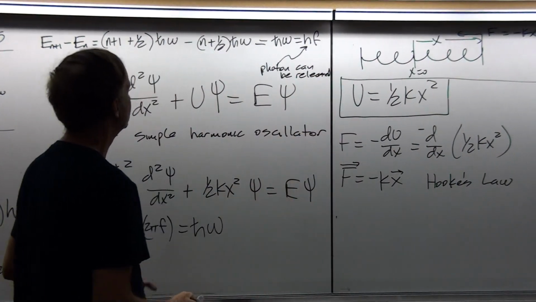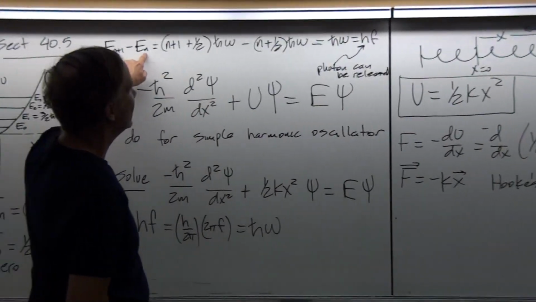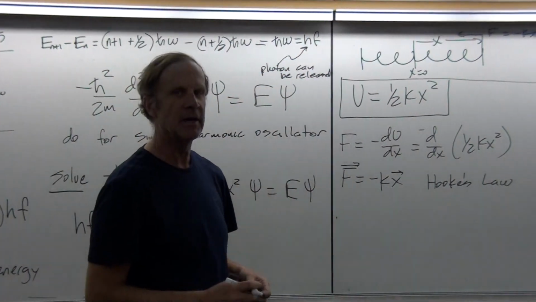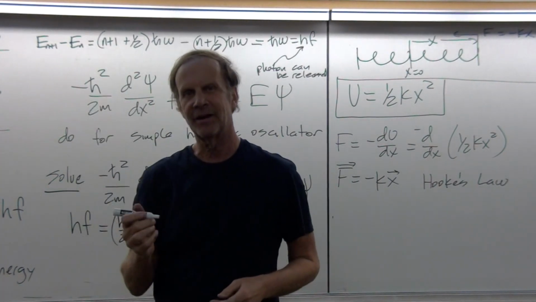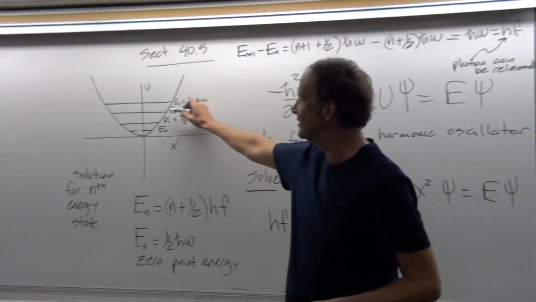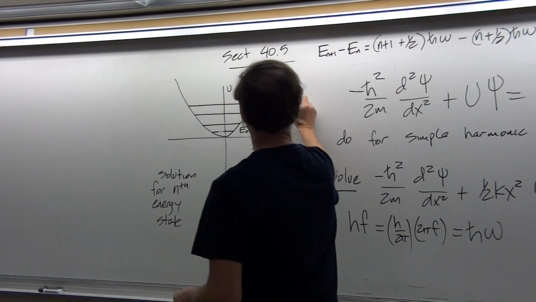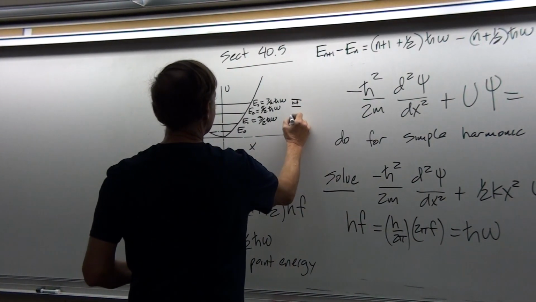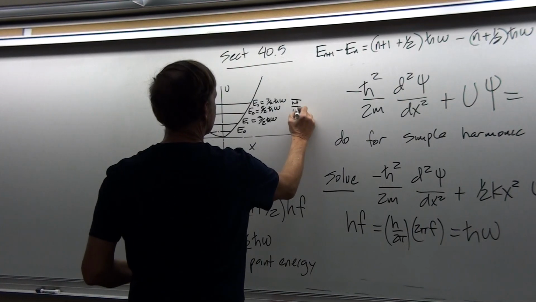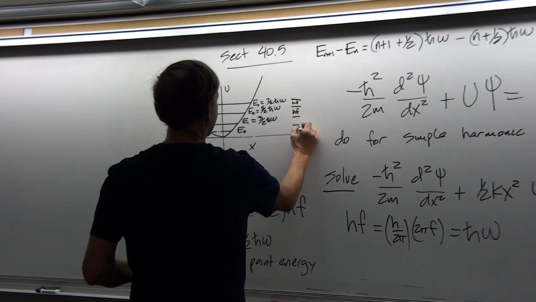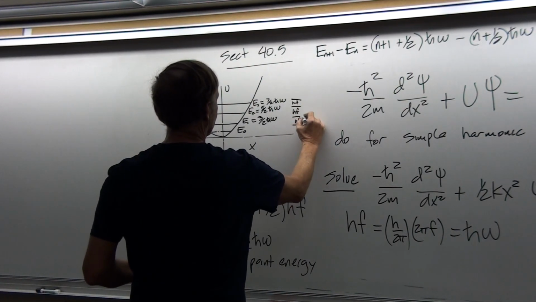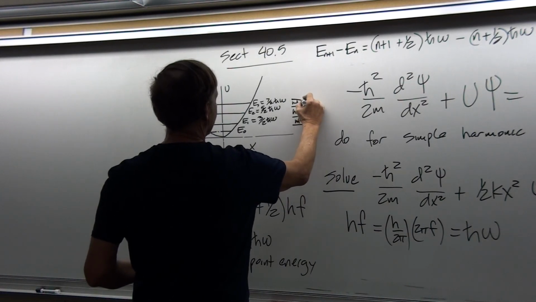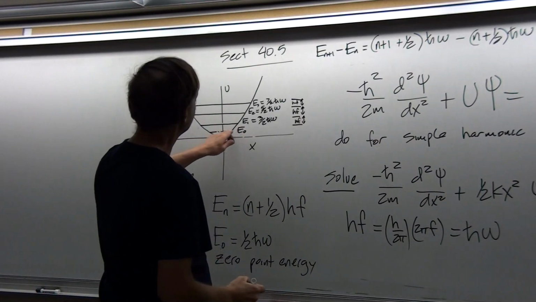When we make a transition from n plus 1 to n, it can give off that energy in the form of a photon. And then it can give off the energy in the form of another photon that's equal to Planck's constant times the frequency. So that all of these delta E's are Planck's constant times the frequency, all the way down to E naught. And so once it gets down to E naught, then it's at its most stable state.